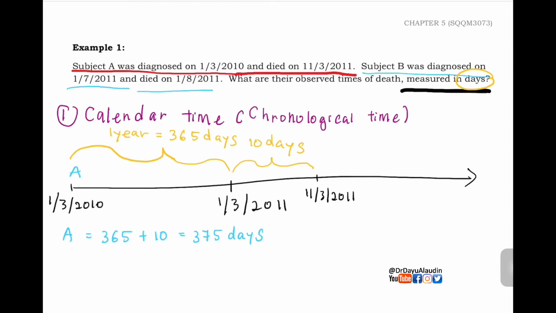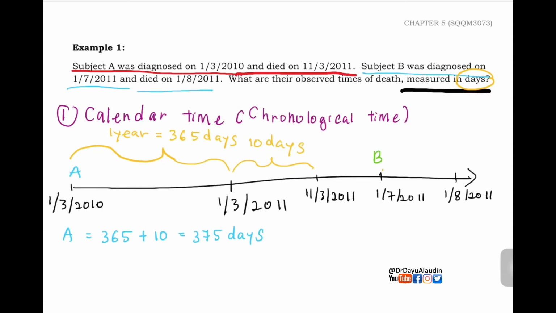Subject B diagnosed on 1st July 2011, so somewhere here, 1st July 2011 and died on 1st August 2011. So this is B. It is diagnosed at 1st July and then died at 1st August.